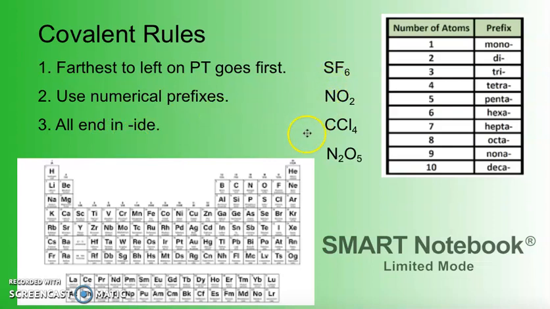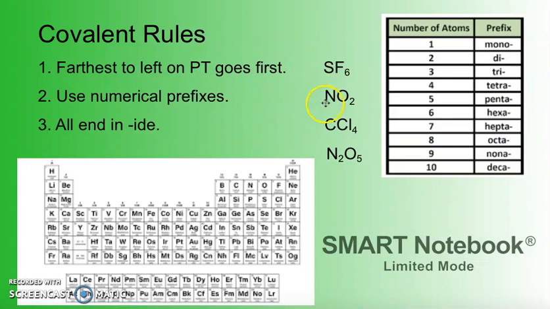S is sulfur, F is fluorine, which is right here. So sulfur, of course, is farthest left, and that's what I've done with all of these. Sulfur is farthest left, so you say it first. Sulfur hexafluoride. Sulfur farthest to the left. You use the numerical prefixes, hexa in this case for 6, and it ends in -ide, sulfur hexafluoride.